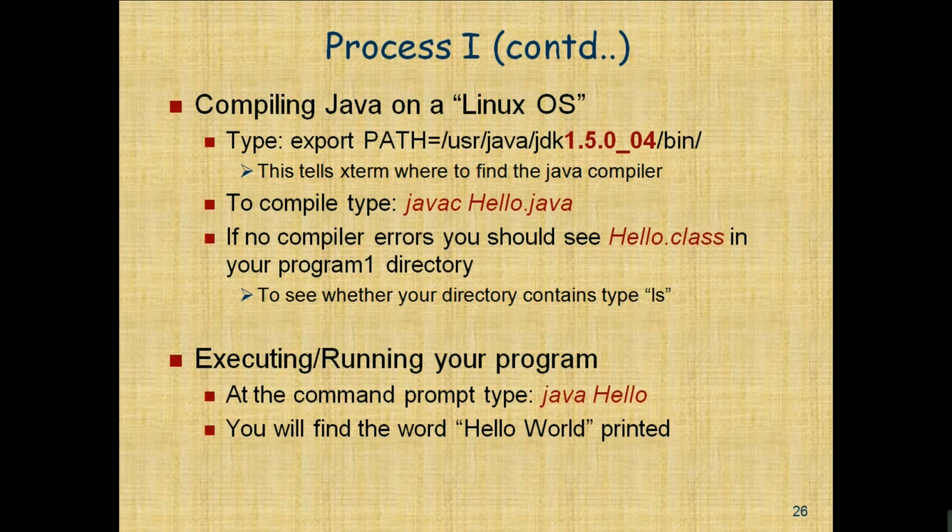So what command do we use for executing or running your program? At the command prompt type java hello. No need to mention .class or .java. Just simply mention java hello. You will find the words hello world printed.